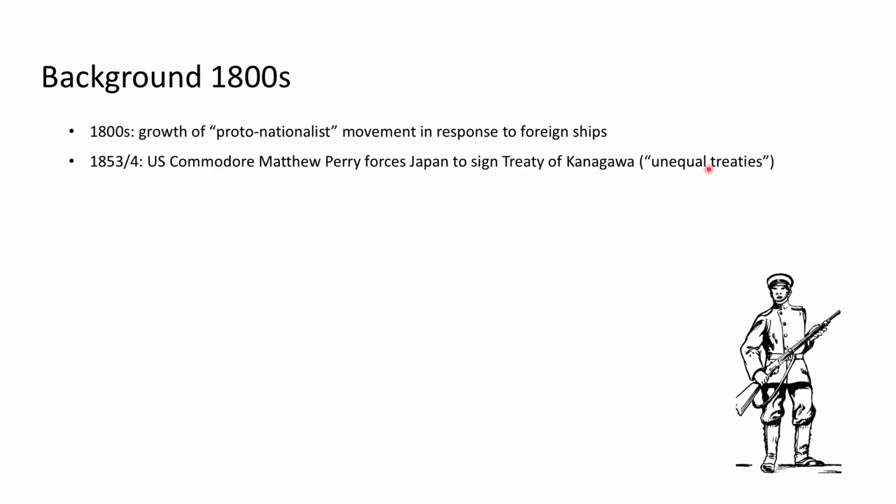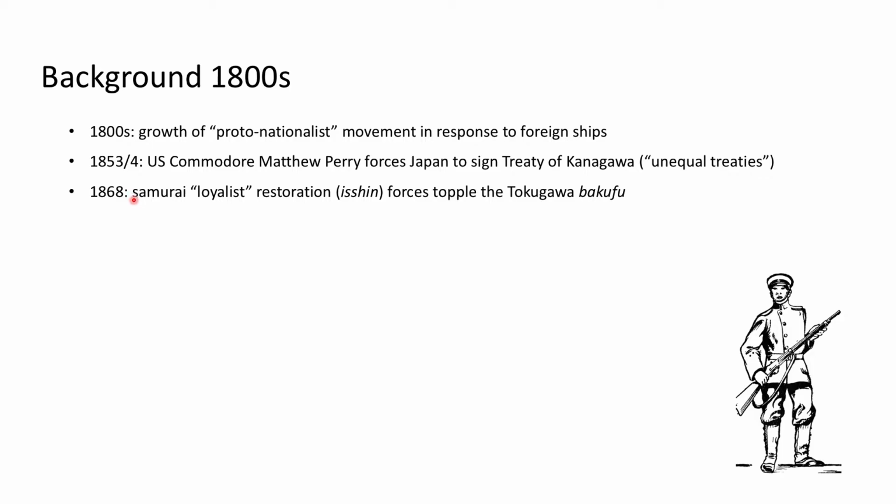And so this was the start of a series of unequal treaties that Japan later signed with other Western countries, agreeing to trade with them at basically an unbalance and not in the favor of Japan at that time.